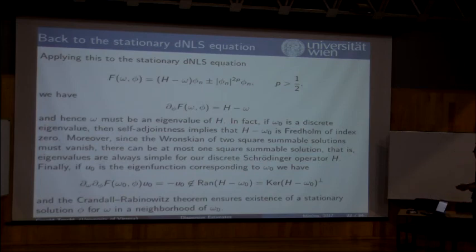In the discrete case, the easiest way to see this is to remember the Wronski determinant I had on one of my slides before, and remember that I told you that the Wronski determinant of two solutions is constant. Now look at the Wronski determinant of two eigenfunctions. Both of them are square summable.